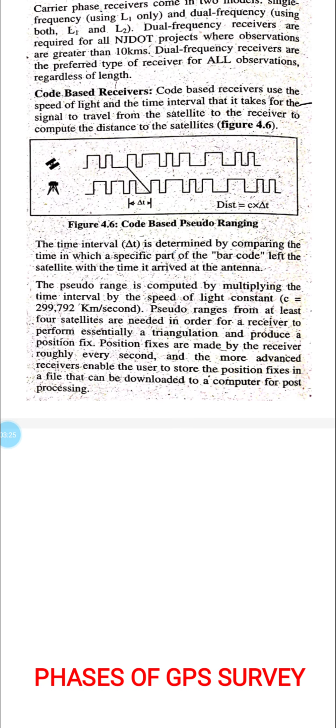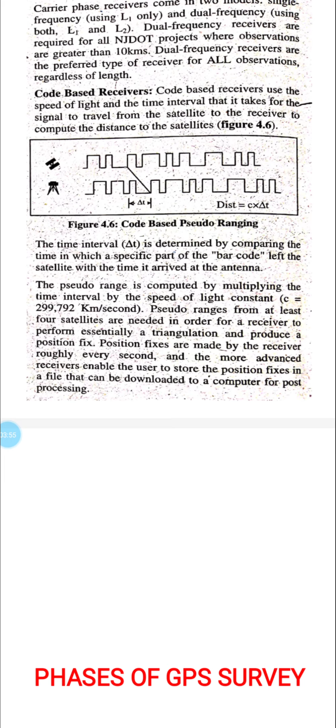Position fixes are made by the receiver roughly every second, and the more advanced receivers enable the user to store the position fixes in a file that can be downloaded to a computer for post processing. So here actually I am wrong. For doing triangulation and producing a position fix, we need to collect information from 4 satellites.